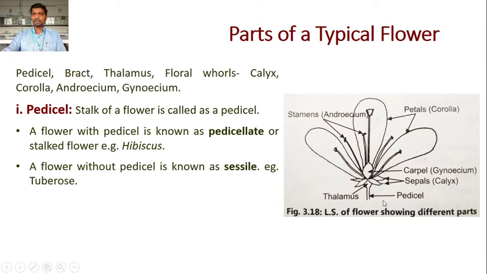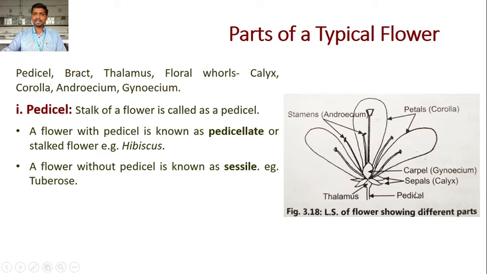A flower with pedicel is known as pedicellate flower or stalked flower. A flower without pedicel is known as sessile flower, for example tuberose. So pedicel is one of the criteria by which we can differentiate flowers as pedicellate flower and sessile flower.